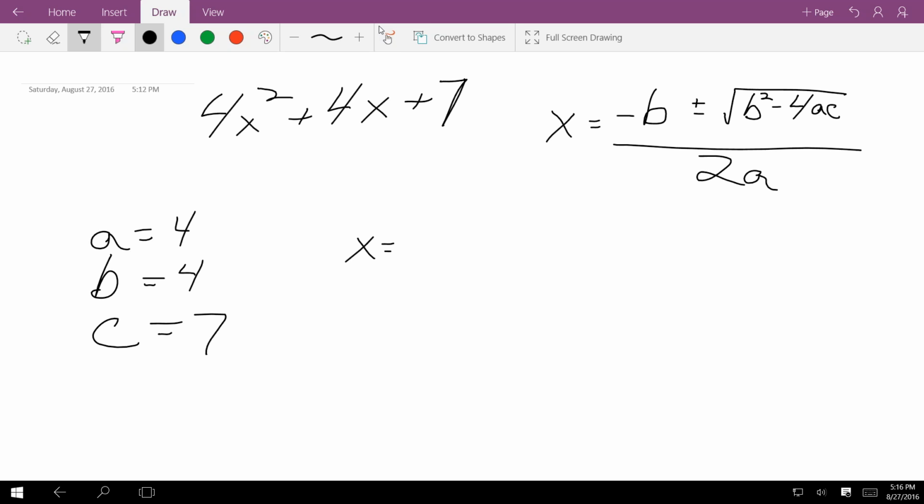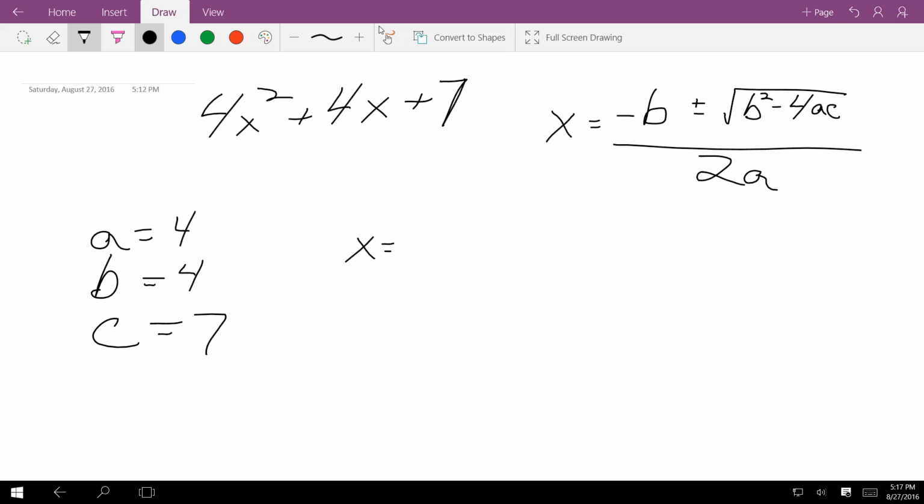In other words, every quadratic is going to have a solution. The easy ones are the ones you can factor. But if you can't factor it, you can still solve it. What you're doing is solving for the zeros of that quadratic.